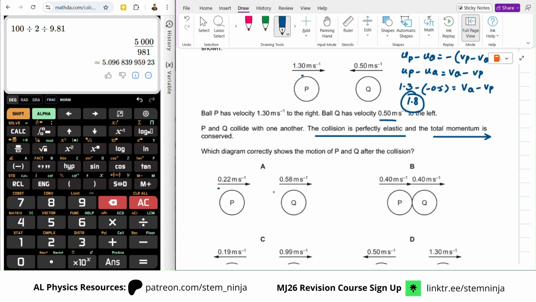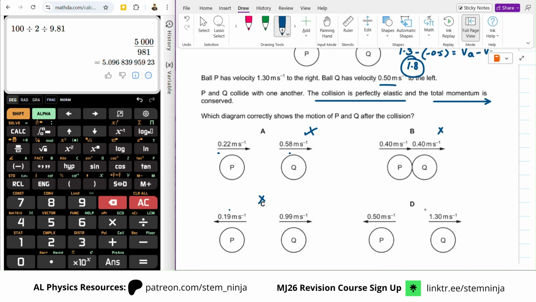So if you use this one, total momentum before or after collision, momentum is increasing in this one, in this one, and in this one, because either way you see the differences in the values, MV, the values are increasing.